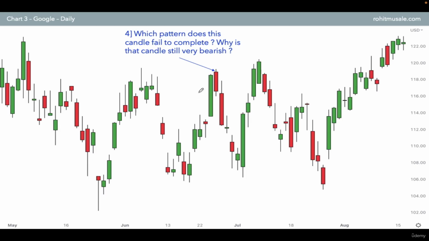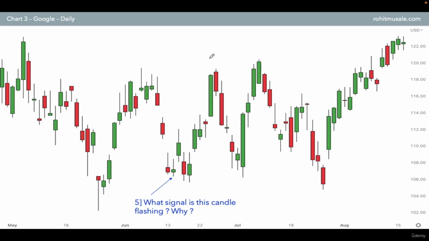Question 4. Which pattern does this candle fail to complete? So this red candle. Why is that candle still very bearish? Question 5. What signal is this candle flashing and why? So we are looking at this small green candle. What signal is it flashing and why?